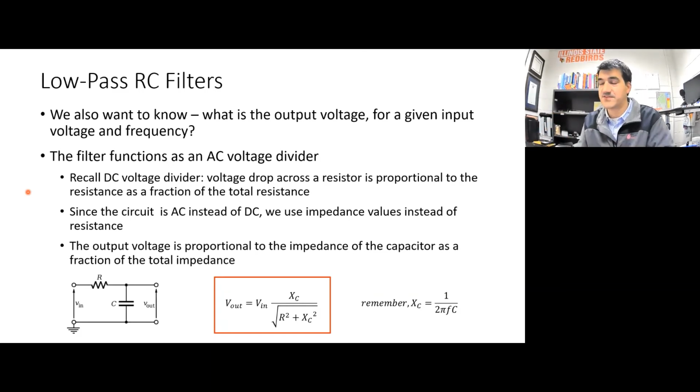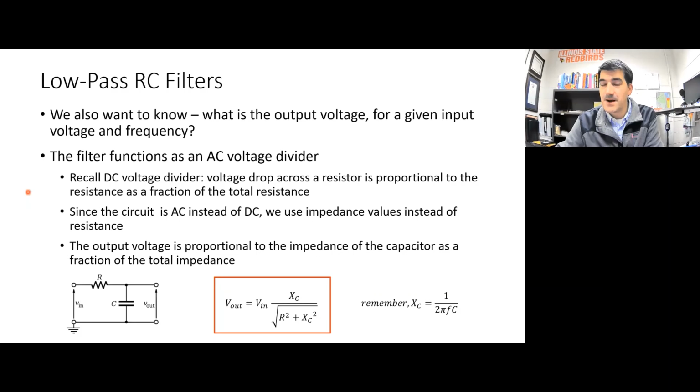So 4/10 of 10 volts is 4 volts. So the voltage drop across resistor 1 would be 4 volts, and the voltage drop across resistor 2, which was 6 ohms, would be 6/10 of 10 volts, which would be 6 volts. All right, so that was the DC voltage divider.